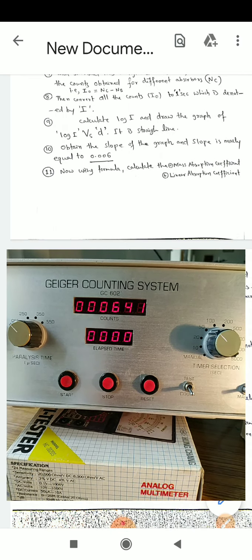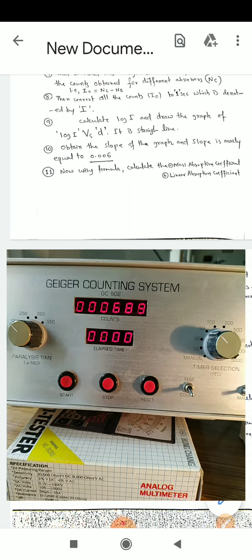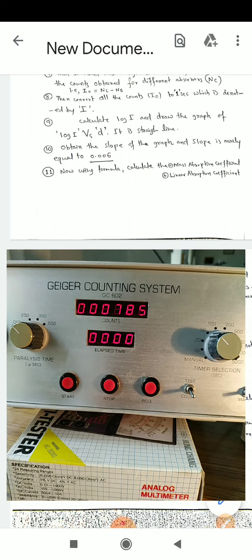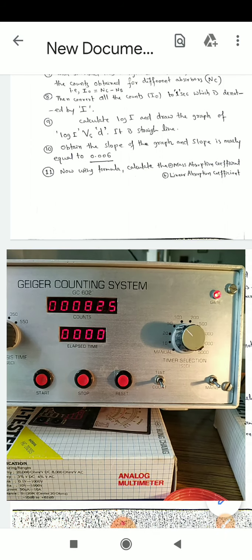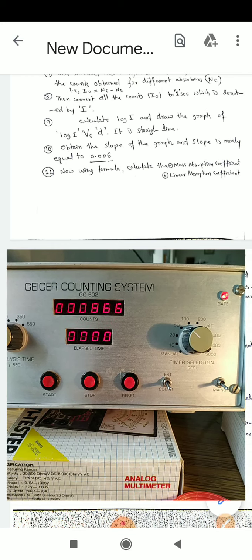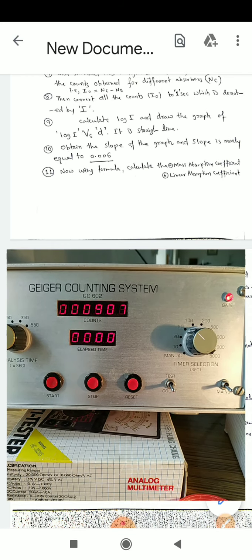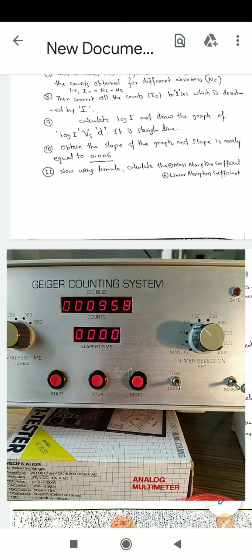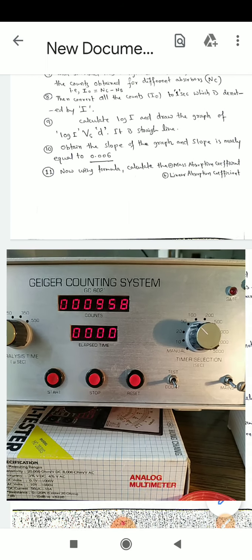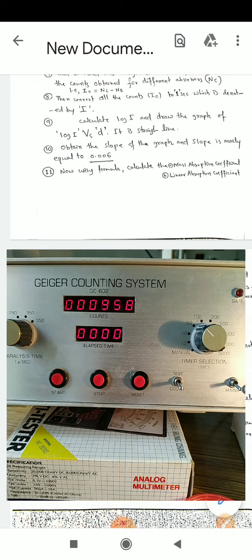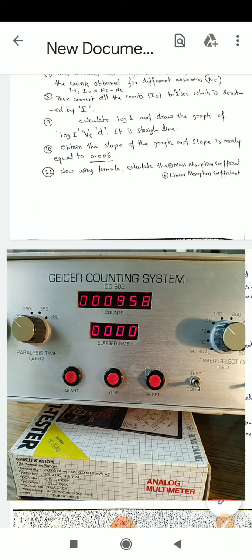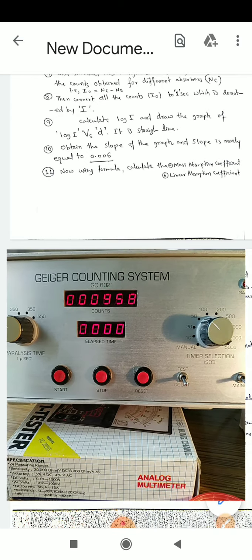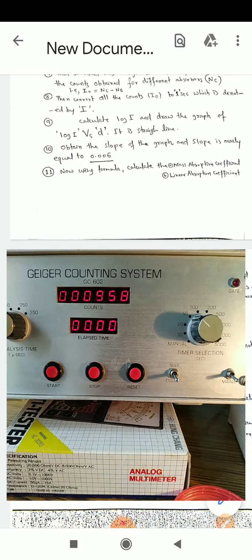After 50 seconds, it automatically stops. Now the counting has stopped. 958 counts were recorded for the first absorber, so you have to note down 958.